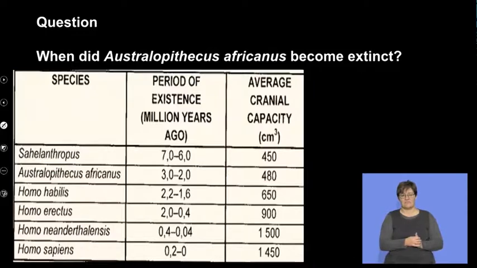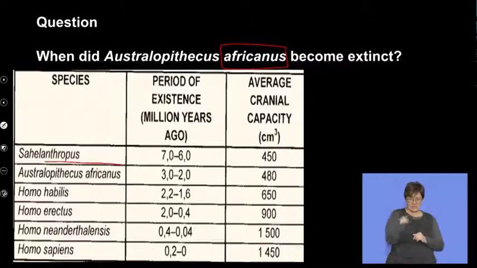Right, then another question. When did Australopithecus africanus become extinct? So extinct is when their species kind of died out. Now this is sometimes a bit of a difficult one to read. So we're looking at this set of information.